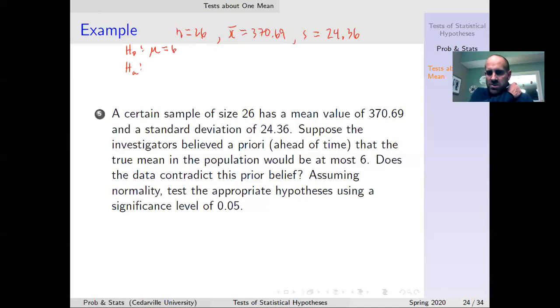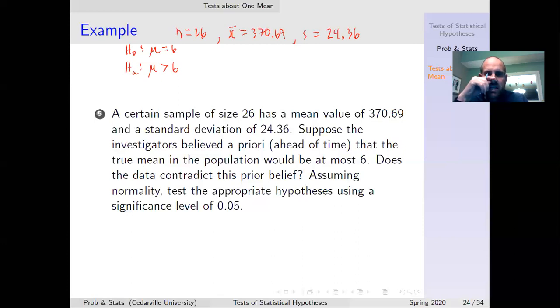And when would you tend to reject this at most 6 thing? Well, if it was clearly bigger than 6. So the alternative hypothesis is that mu is bigger than 6. Does the data contradict this a priori belief?